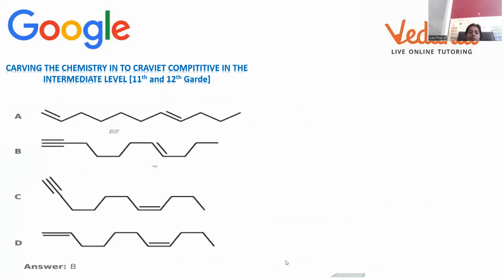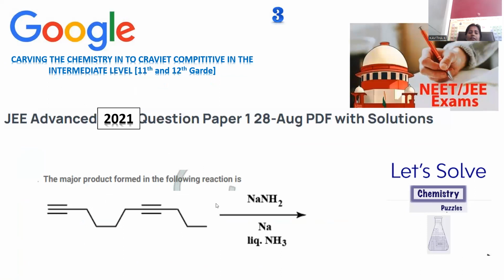Fine. So based on the entire data we observed as of now, sodium in liquid ammonia gives rise to the reduction of the central triple bond rather than the terminal triple bond. The terminal triple bond is unaffected. And this central triple bond is obviously converted into a trans double bond.